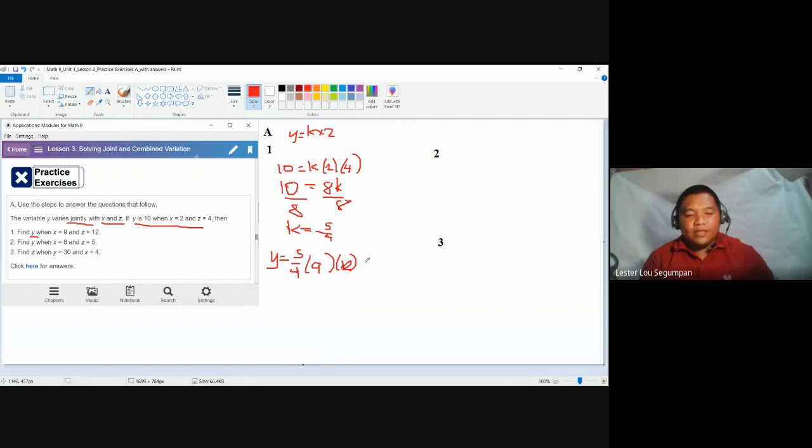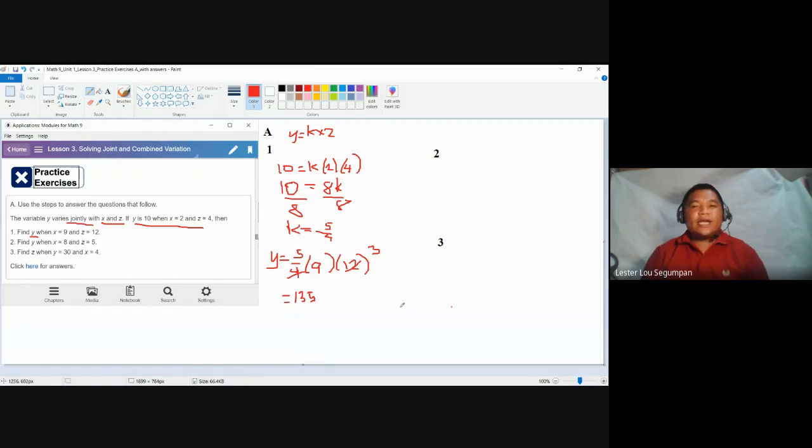To solve for this, you can simply use the cancellation law because 12 can be divided by 4 and you have 3. So 9 times 5 is 45, times 3, so you have 135. You may use your calculators there and tell me if my answer here is wrong.